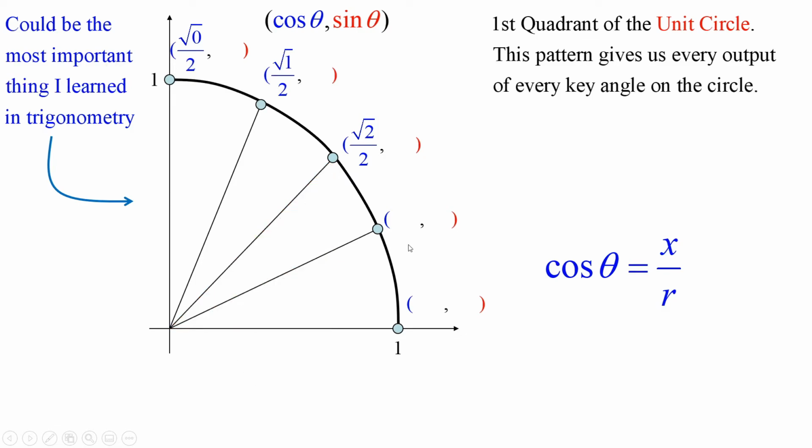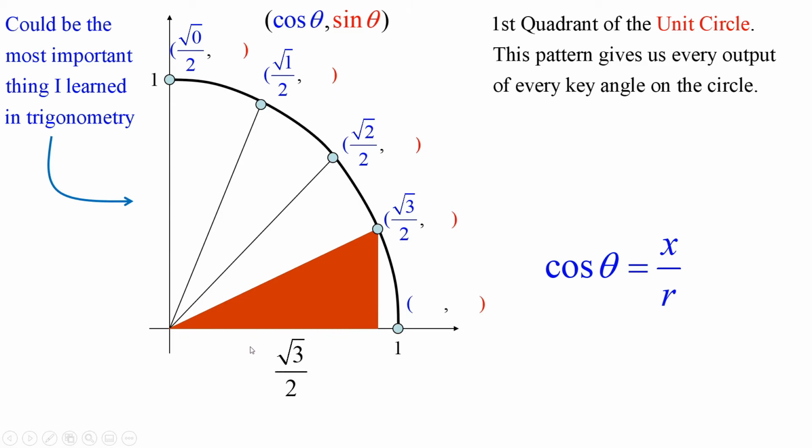Now let's continue the pattern. Root 0 over 2, root 1 over 2, root 2 over 2, root 3 over 2. Look at our quadrant 1 right triangle based upon that terminal ray. This horizontal distance, root 3 over 2, is the adjacent leg of that angle.